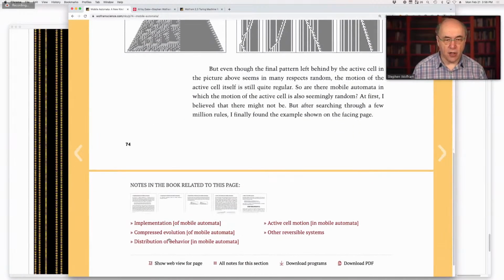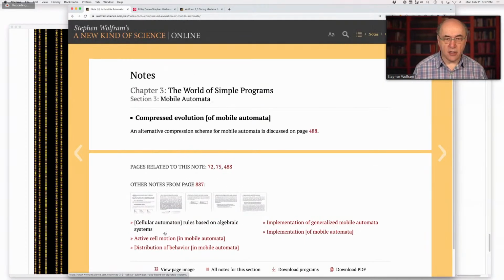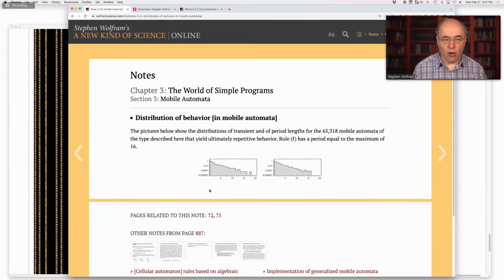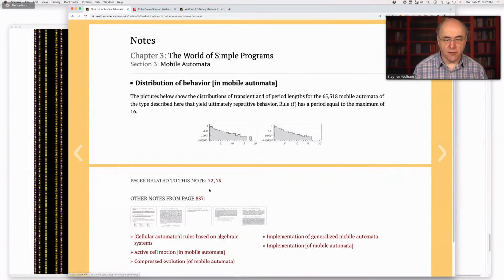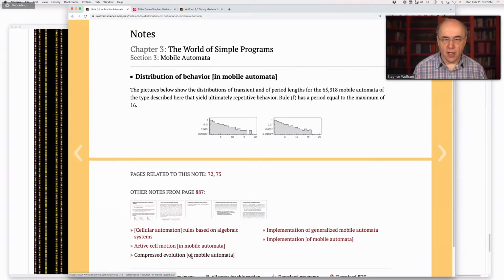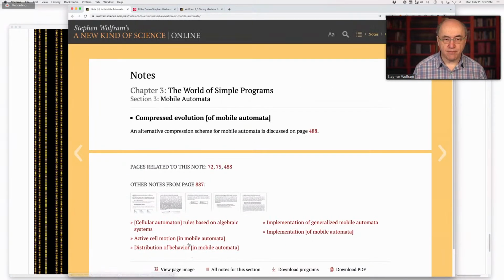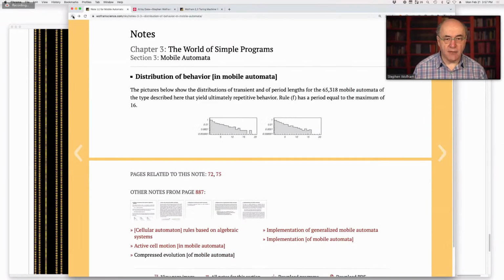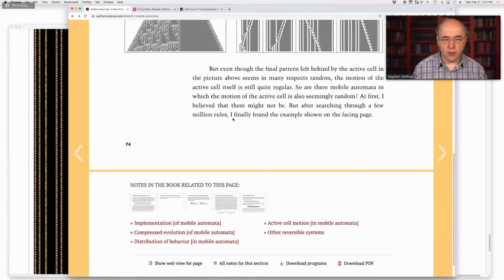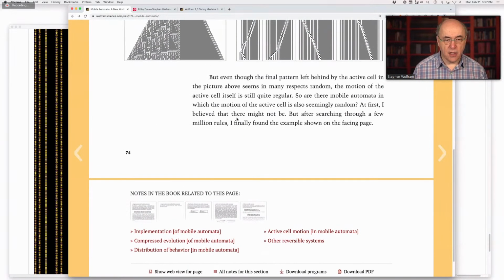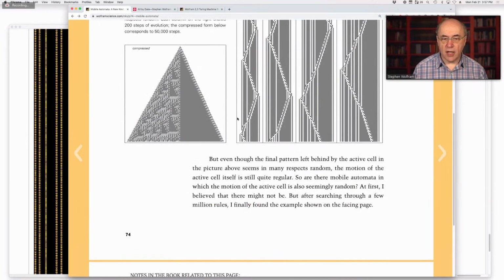Now, I'm sure I've got, let's take a look. I've probably got some examples of this, asking how often mobile automata have different kinds of behavior. I wonder if I've got something here. Maybe not. Okay. Let's see.